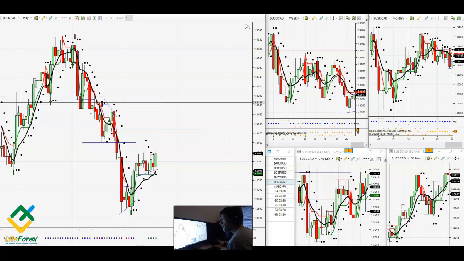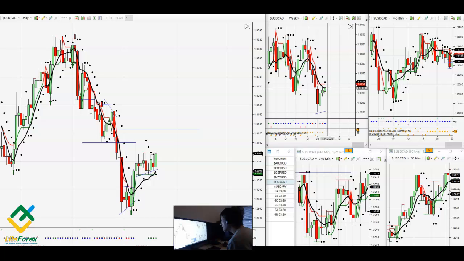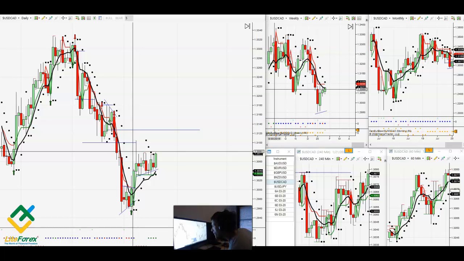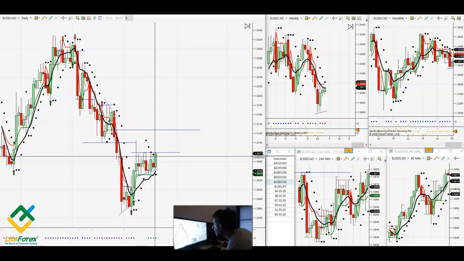without question. The weekly chart is definitely looking like there's more upside, and we got to watch these levels right here. So we got 1.3079. We hit 1.3080 today.